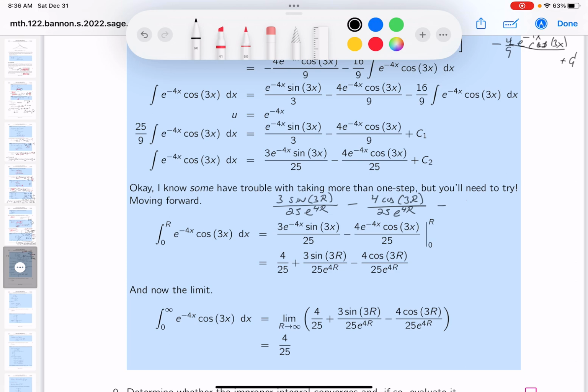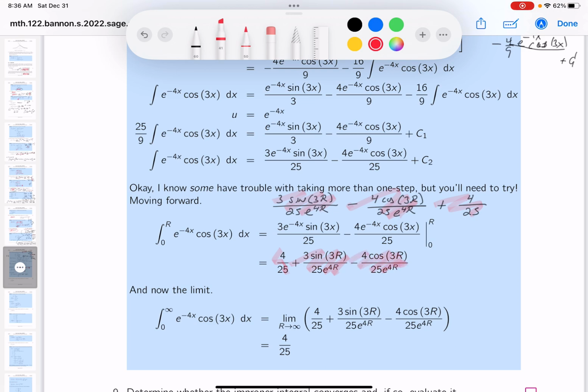And the cosine of 0 is 1. So you get minus a minus, which is plus. You get 4, e to the 0 is 1, so 4/25. All right? Let's look at the key, see if we're staring at that. I'm seeing this. I'm seeing this. And I'm seeing this over here. All right? Now, what do I have to do now?